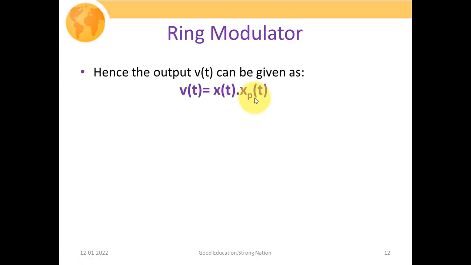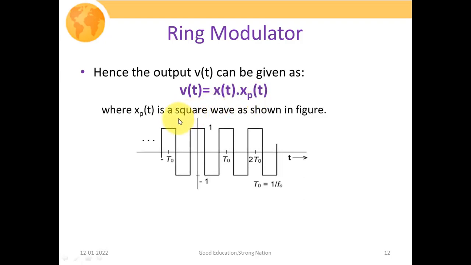So Vt can be represented with the product of xt and the pulse xpt. What is the type of this pulse xpt? xpt is a square wave as shown in the figure. This is the wave that shows the characteristics of xpt. Here the value of t naught will be equal to 1 over fc, which is nothing but the inverse of your carrier frequency. For this duration, we will have the positive value of xt, and in the negative half cycle, we will have minus xt.